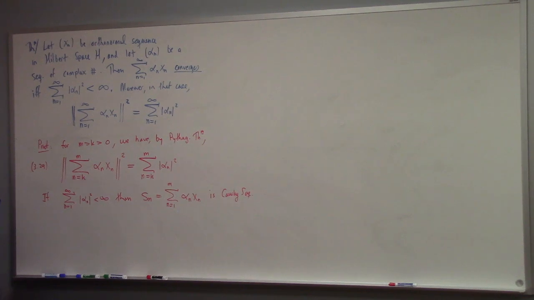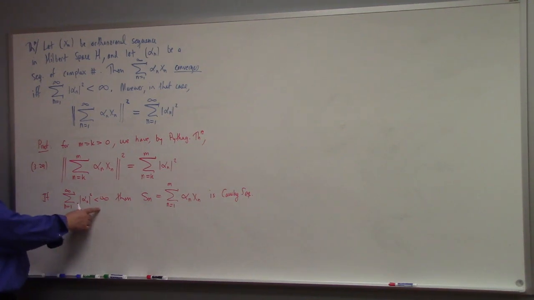Then the sum with the sequence is the Cauchy sequence, because if it converges in norm, it should converge. It has to be a complete space. Yes, Hilbert space is complete. We just showed that one converges, and in a complete space, if it converges, it must be Cauchy.